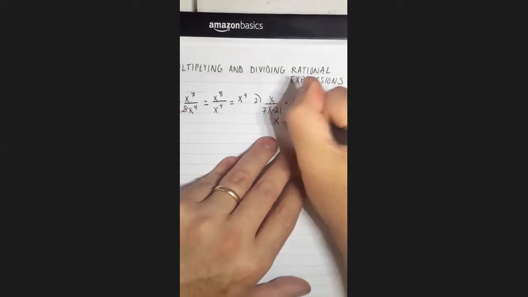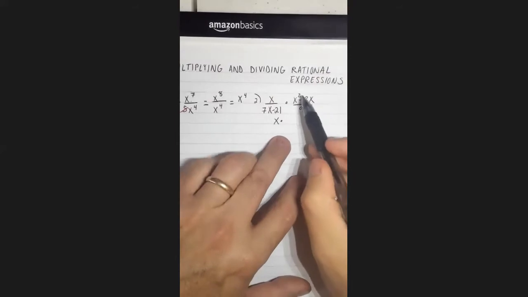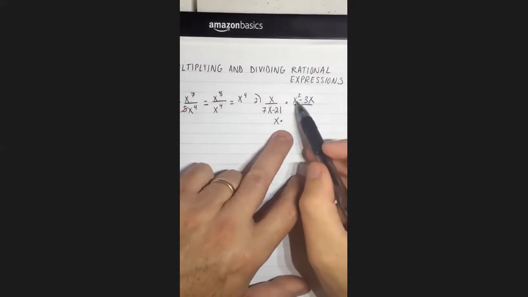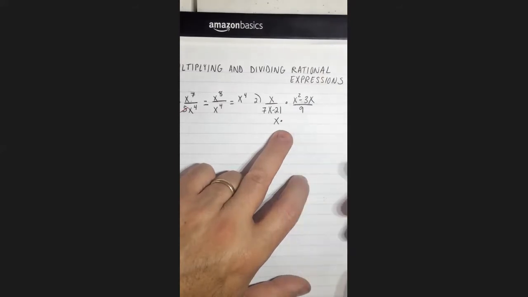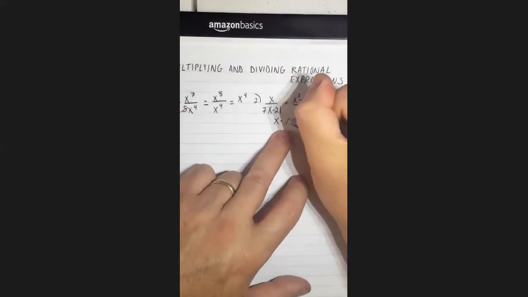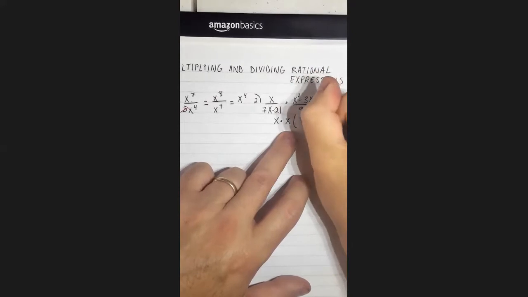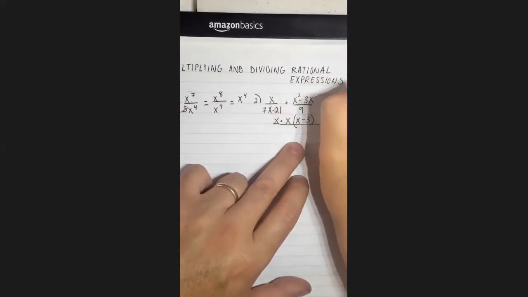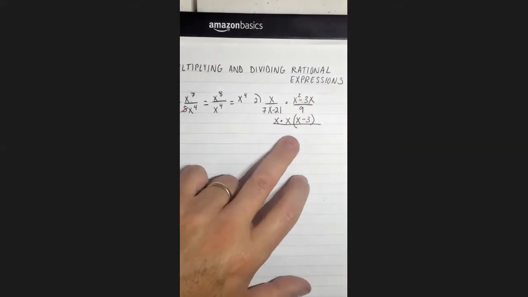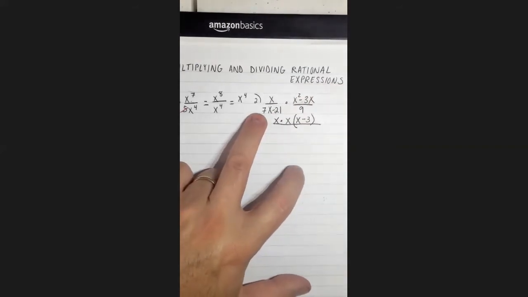So we're going to have x times, what am I going to do on here? What can I factor out? X squared minus 3x. So I want to pull out an x, and that's going to give me x minus 3. All right, so we come to this problem here, 7x minus 21.